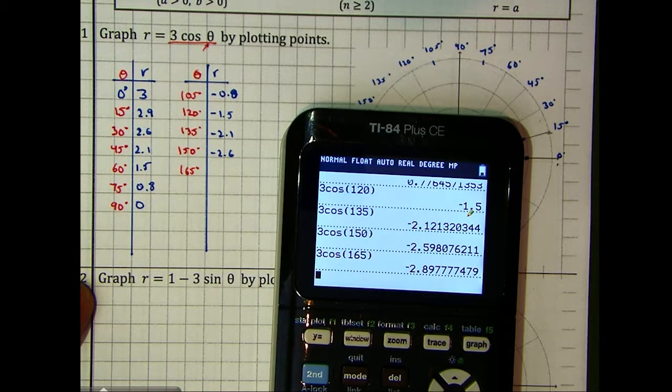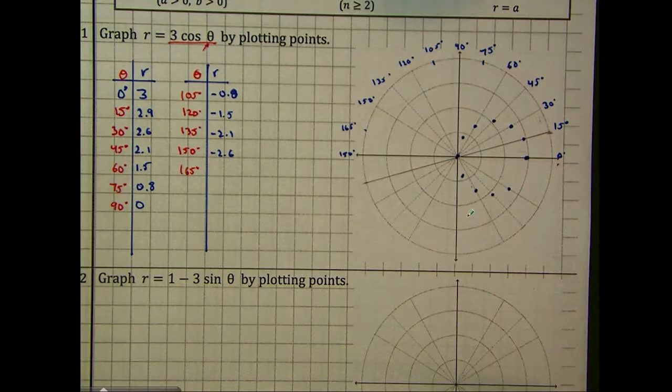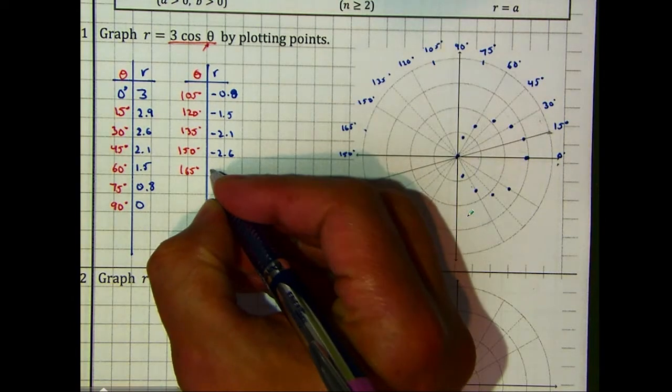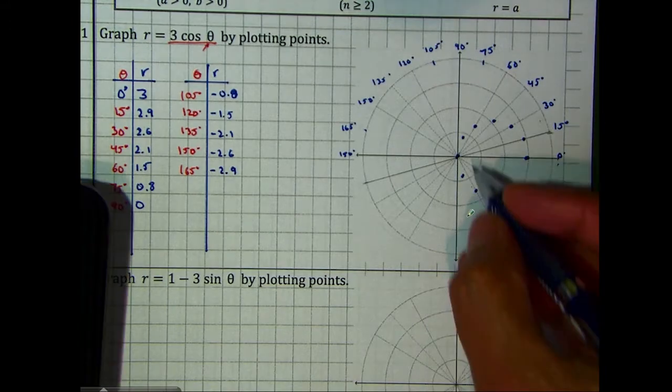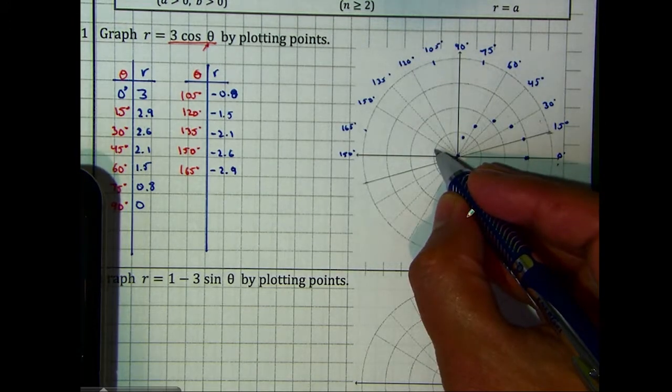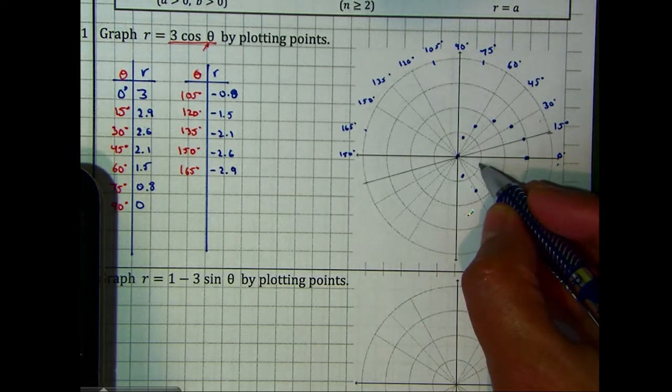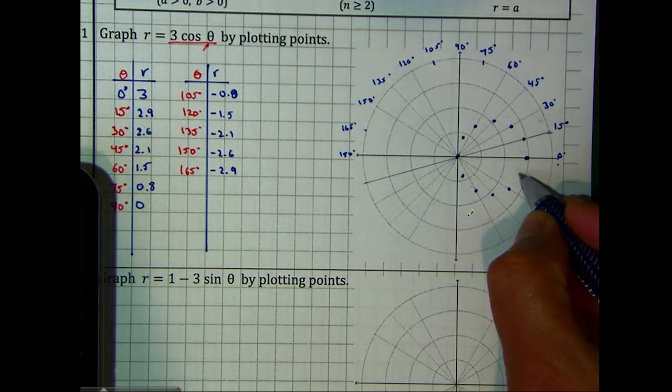Negative 2.89. So 165 is the halfway mark. So instead of going forward, I'm going to go back. Negative 1, negative 2.9.